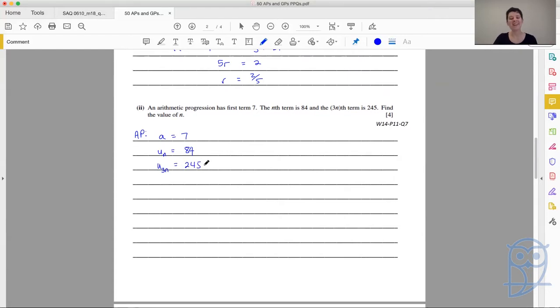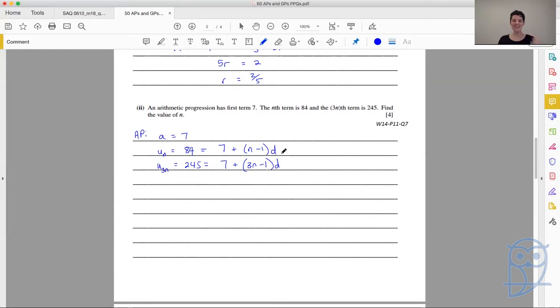Summaries don't stop there. We always break them fully open. So 84 equals the nth term, a plus n minus 1 times d. 245 equals a plus n minus 1, but in this case our n is the 3n, the full identifier, so 3n minus 1 times d.